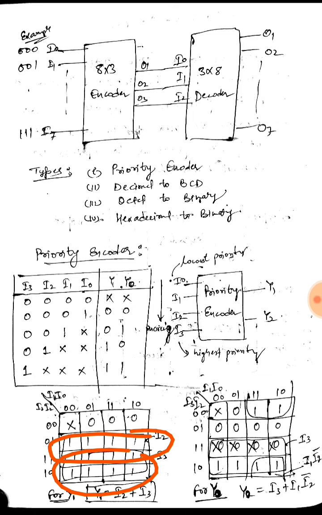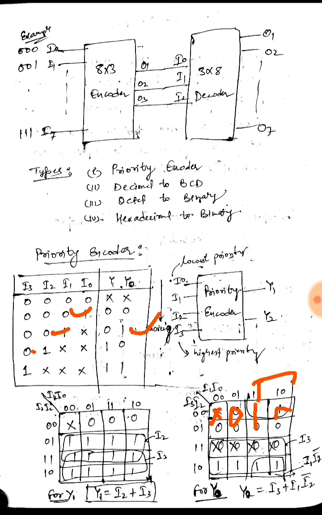For the first it would be the value I2, and for the second octet it is I3, so Y1 becomes I2 plus I3. Similarly for Y0, for the first it is don't care, then for I0 equal to 1, it would be 0, then for I1 equal to 1, that is for these two cases Y0 is high, so I will be having 1 and 1.